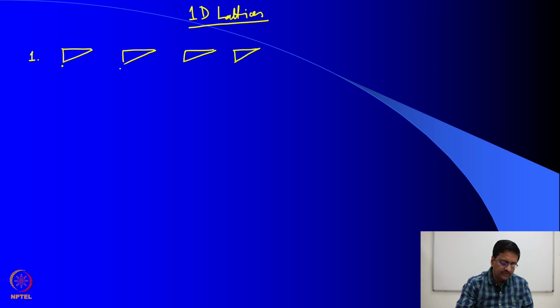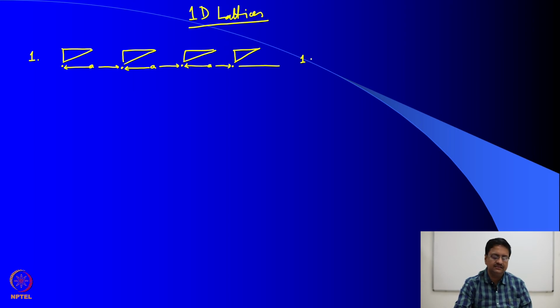From point to point to point, the translation is the same. So here you have only one-fold axis of symmetry, that is translational symmetry.